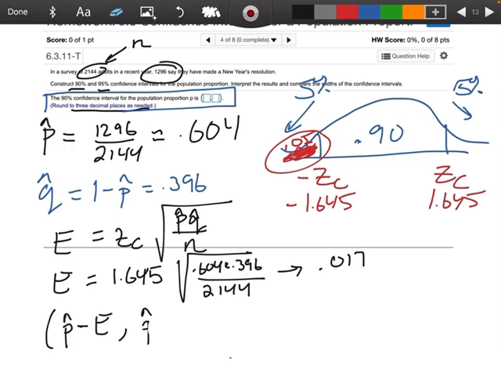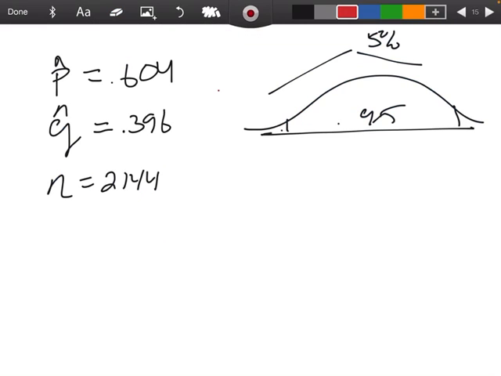If I'm doing this for the 95% confidence interval, that means the area underneath the curve here is 95%. So we have 5% left for those two pieces, which means each piece is going to have 0.025, or 2.5%, as the area underneath that curve.